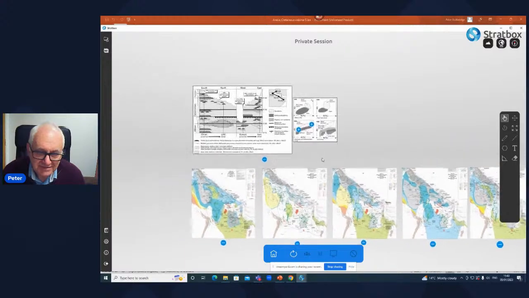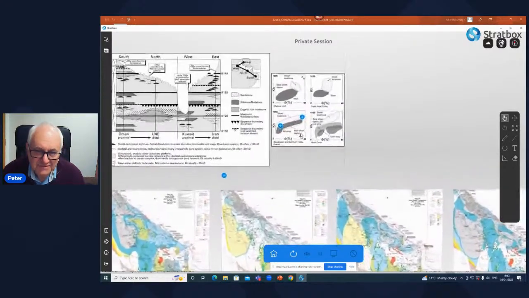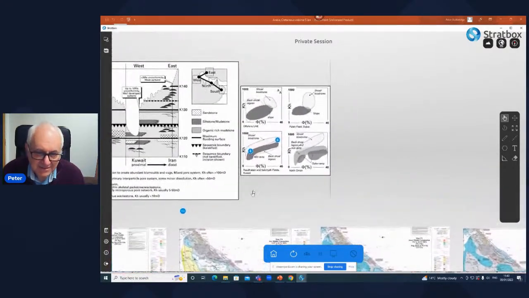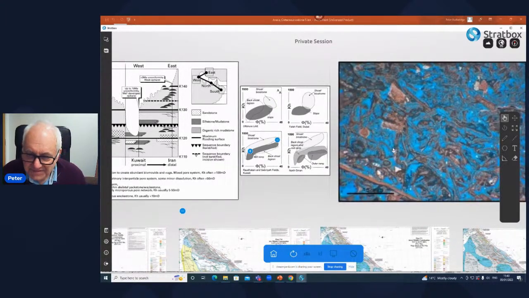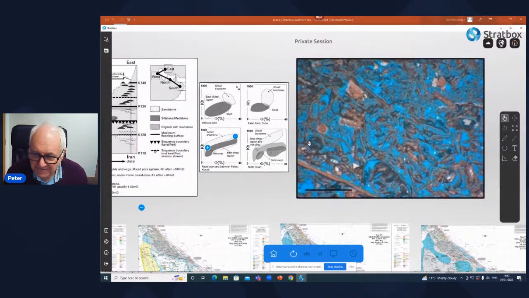I mentioned that the unconformity has some effect on porosity. Sometimes the unconformity is beneficial because it causes leaching and development of or improvement of primary porosity with the development of Mauddud porosity.